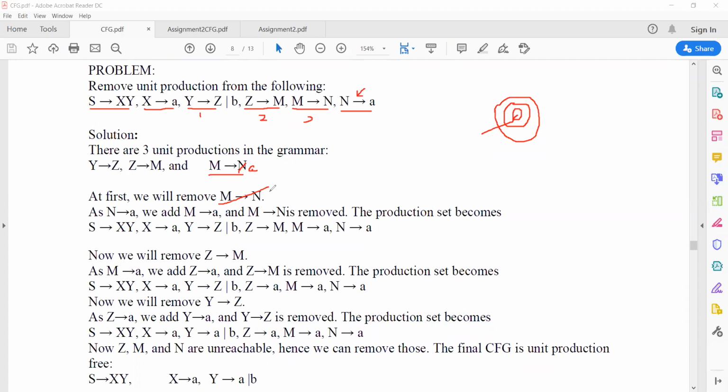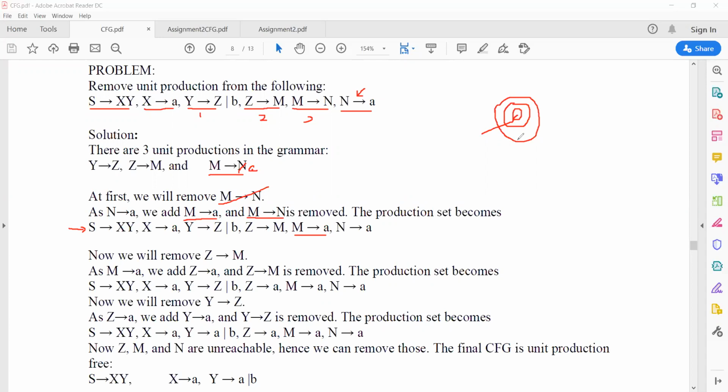As a result, you have a new production rule, M produces A, added in the grammar, and you remove the unit production M produces N. So the rest of the grammar becomes this.